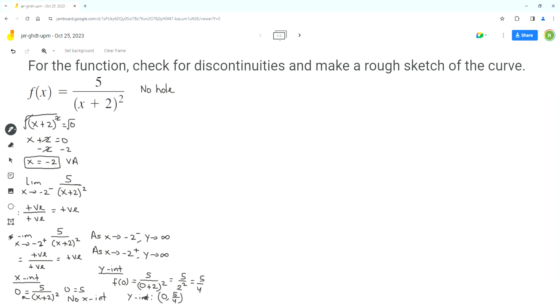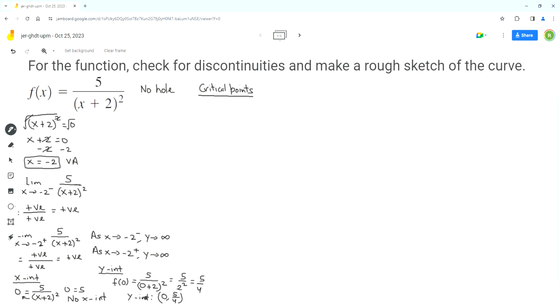Now we can find the critical points for this function. For that, we'll have to find the derivative of this function, because critical points are points at which the derivative is equal to 0 or undefined.